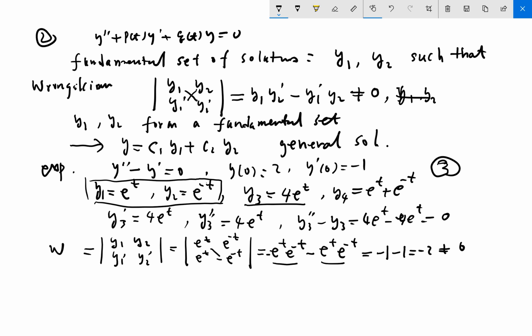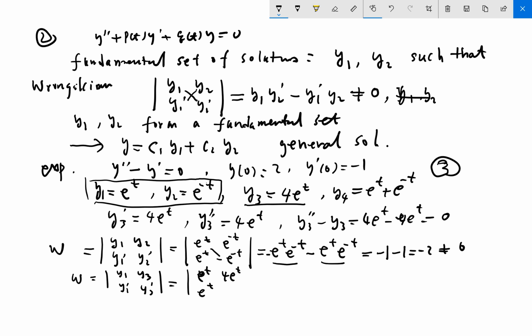Now let's find the Wronskian determinant of y1, y3. See whether they form a fundamental set or not. y1 is e to the t. y3 is 4 times e to the t.